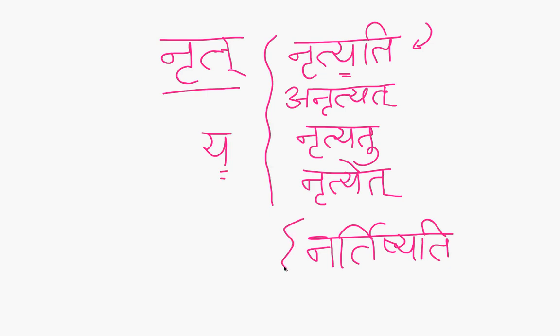But here there is no ya after Nrit. This is again for the Lrit Lakara. That is not because of the Vikarana Pratyaya, but because of the Lrit Lakara. Gamishyati, everywhere there is this. Nartishyati, after Nrit there is no ya.